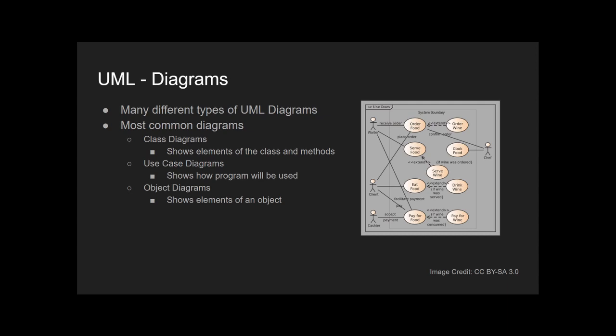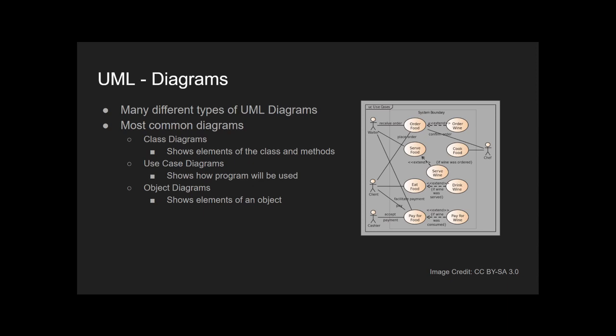Here, we have the 4 subjects that will interact with the system. And inside of the system boundary, we have those interactions laid out. We can also see the relationships between the 4 subjects based on how they interact with things inside the system boundary. We have actions such as order food, which is done by both the waiter and the client.